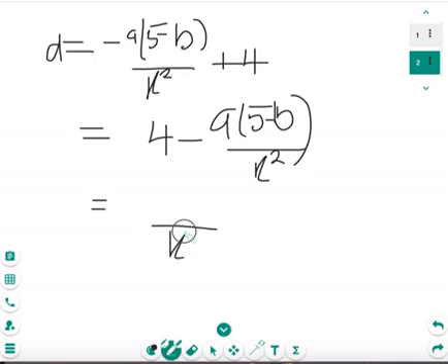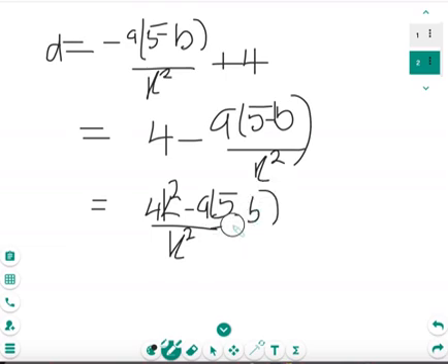Yes. So it is 4 goes, you have k squared here, and so you have 4k squared minus a into brackets 5 minus b, bracket close.